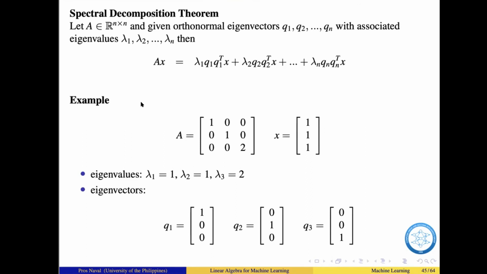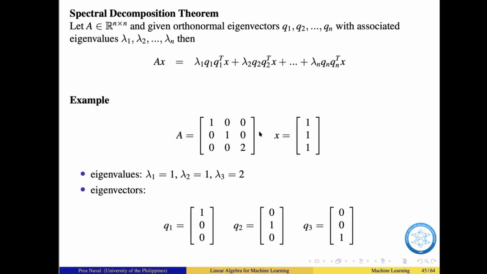Now let's have a look at an example. Suppose you have A equals this matrix here, and x equals (1, 1, 1). If you compute the eigenvalues, we get these values here: lambda 1 equals 1, lambda 2 equals 1, and lambda 3 equals 2.